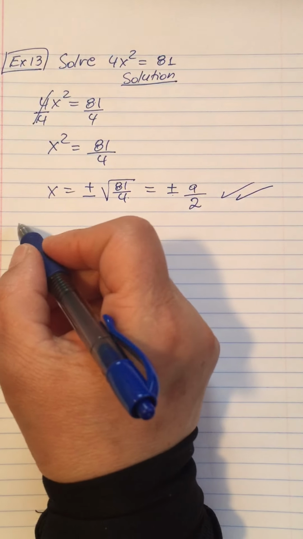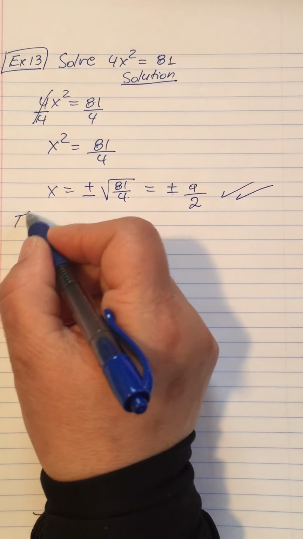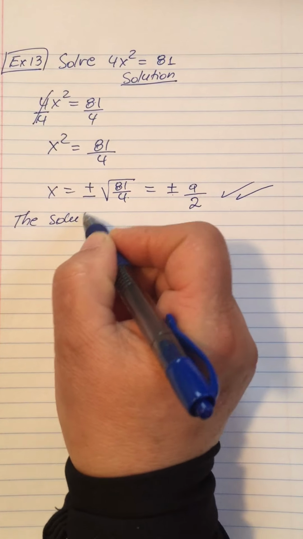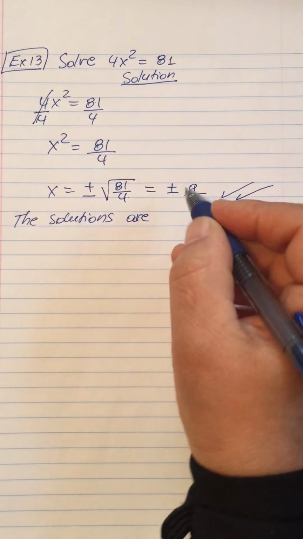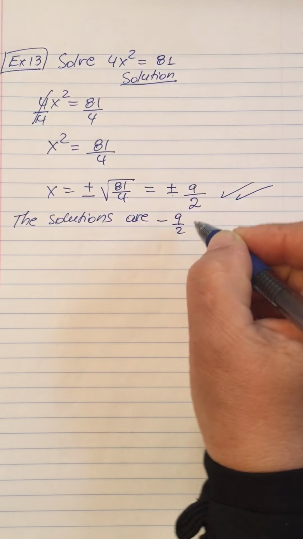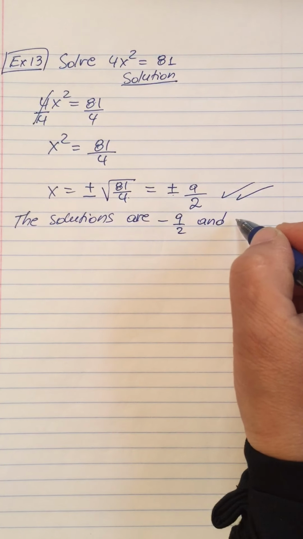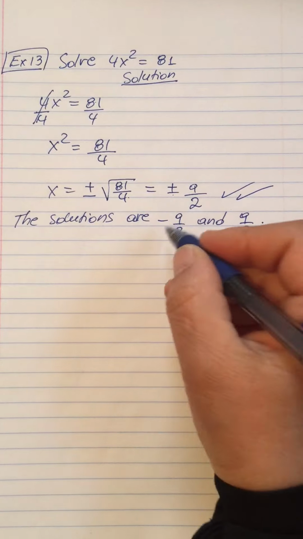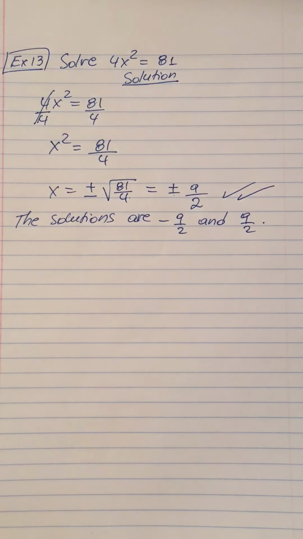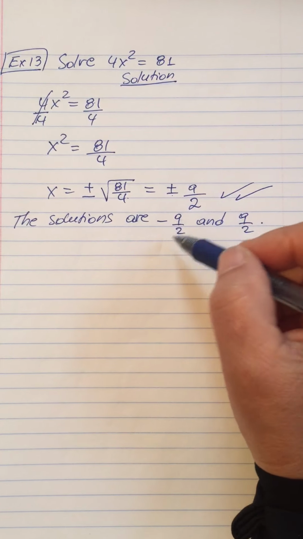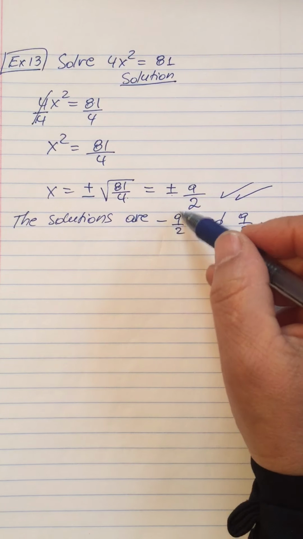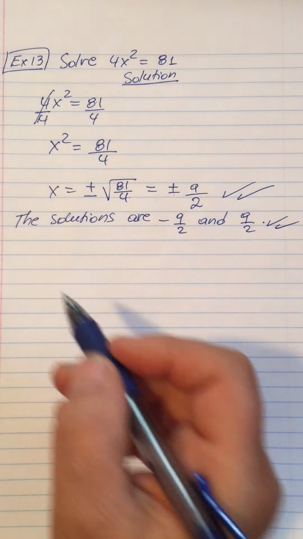Okay? So therefore, let me write the solution. The solutions are negative 9 over 2 and positive 9 over 2. So don't give an answer as a decimal number, okay? Because these are exact numbers, these are beautiful numbers that we call rational numbers. So they are in the simplest form, and this is good.